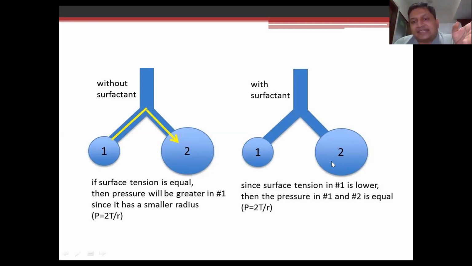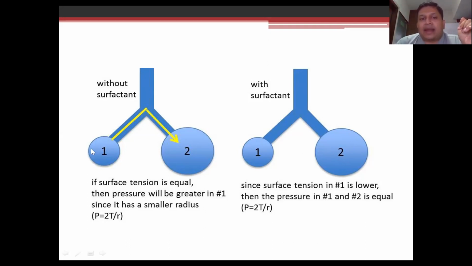So there is the same pressure inside alveoli number 1 and 2 with the help of surfactant. Both alveoli, with the same pressure, will get the same fresh air with each inspiration. This is the normal state, and this is the pathological state in which disease leads to loss of surfactant.